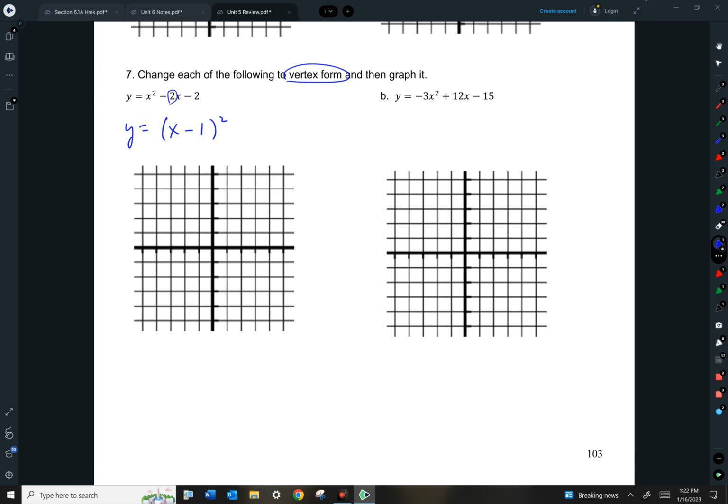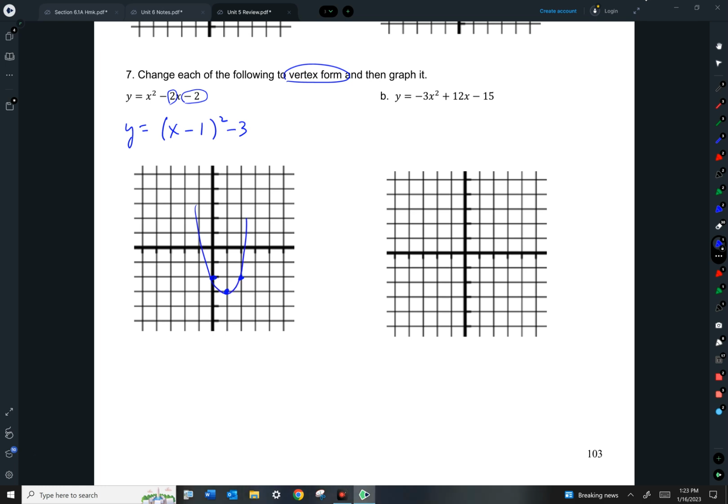And the idea is when this is squared out, the last number is going to be a 1, but we don't want it to be a 1. We want it to be a minus 2. So that means I'm going to have to put a minus 3 over here. So that's my vertex form. And then, of course, I can graph that 1 unit to the right, 3 down. That idea of slope is 1. And so there is my parabola.